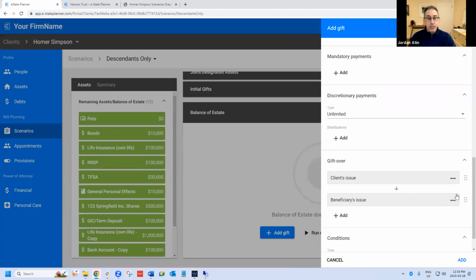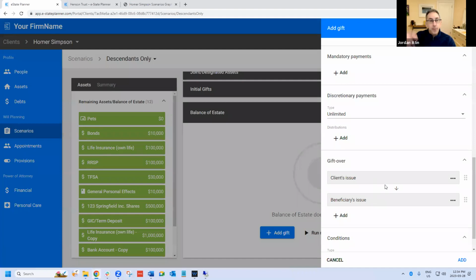You can rearrange the order, which is very important because the drafting will come out differently depending on the order of the gift overs. Because here, think about it this way. If whatever's the first gift over says if Bart's not alive, give it to Homer's, the client's issue, then if the client has no issue, then give it to Bart's issue. That's the effect of this ordering.